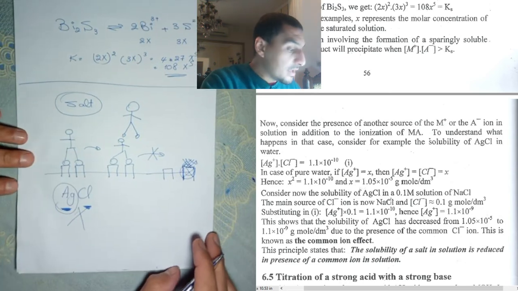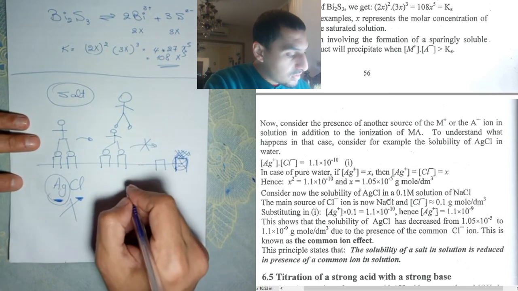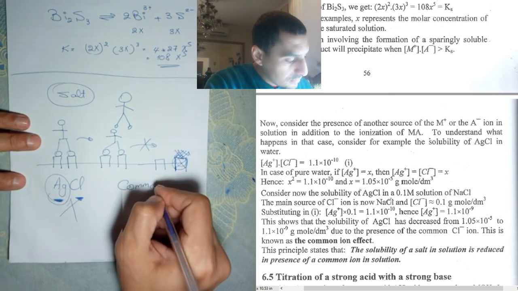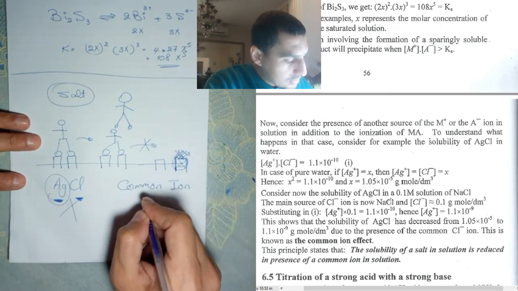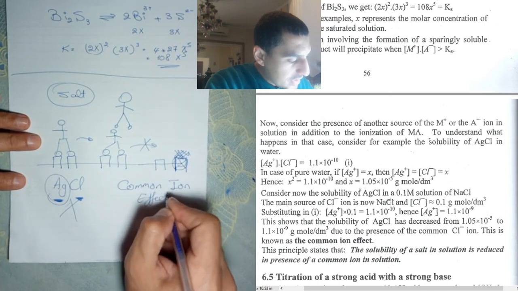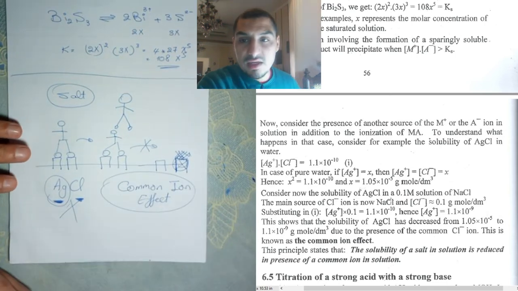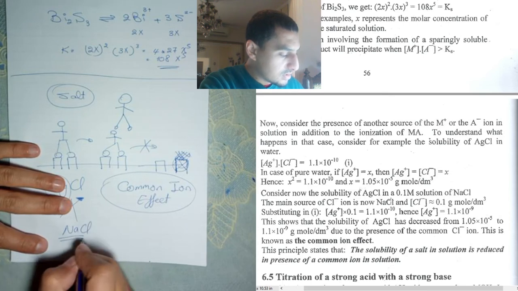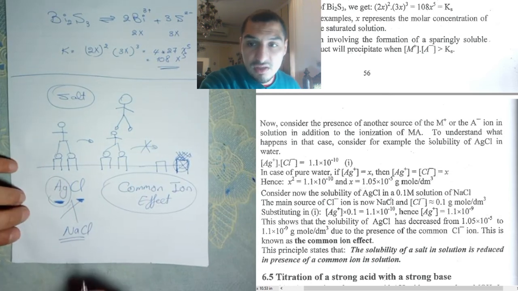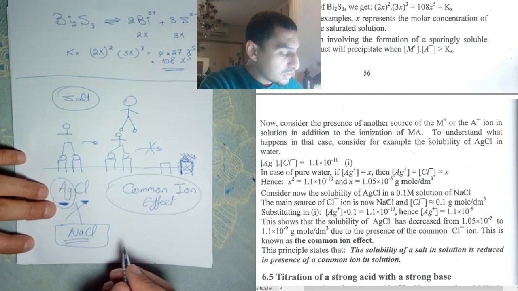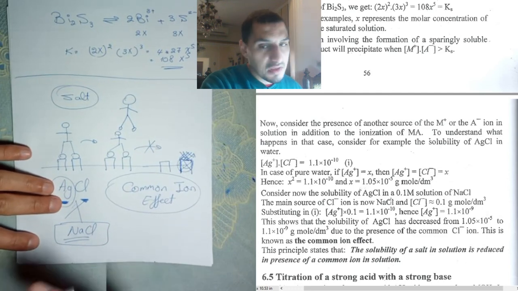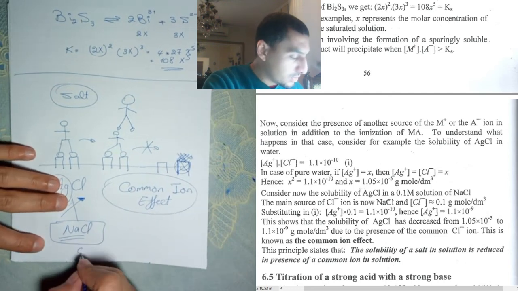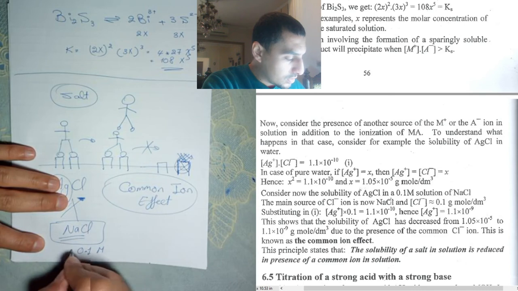dissolve. This is called the common ion effect. This happens when, for instance, I have a salt like sodium chloride. It's a highly soluble salt in water. It's already available in water, and this salt is dissolved in water with any concentration, let's say 0.1 molar.